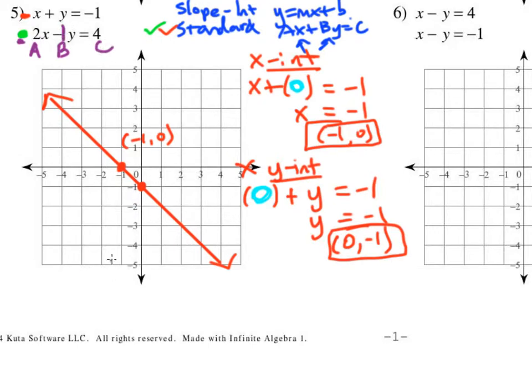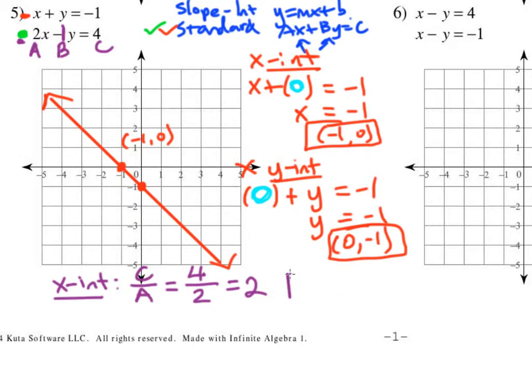So the shortcut that you learned to find the x-intercept, we just take C over A. So that's just 4 over 2. 4 divided by 2 gives me 2.